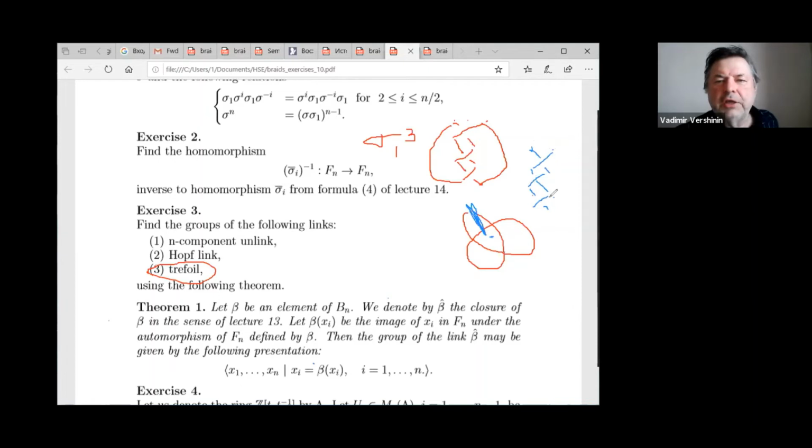Say you take your braid and now join this with this, join this with this, and you have exactly this trefoil. Okay?